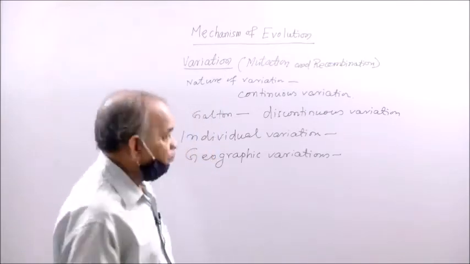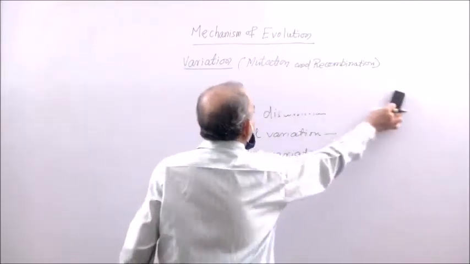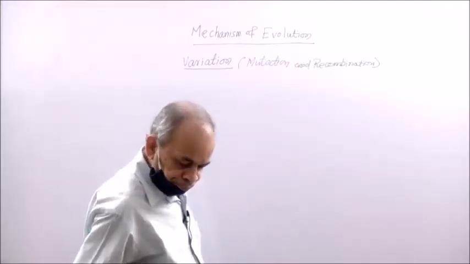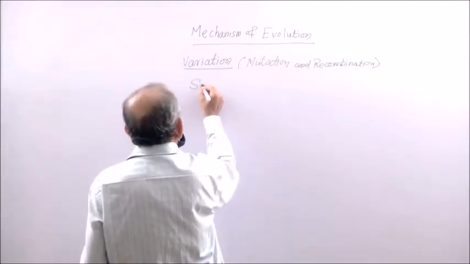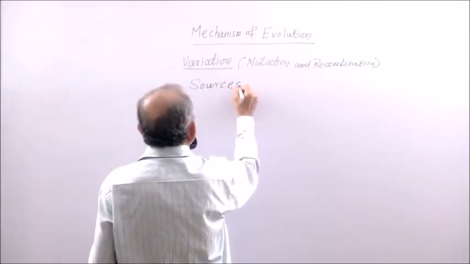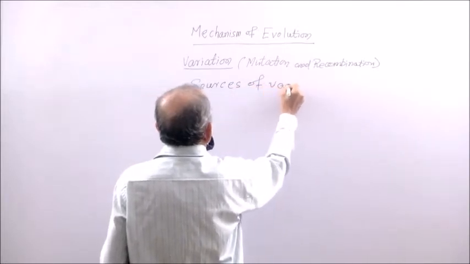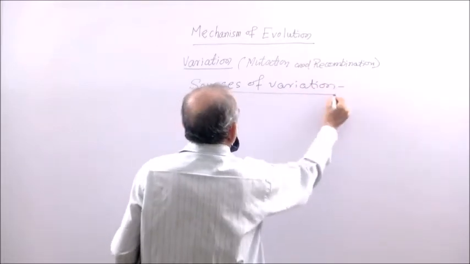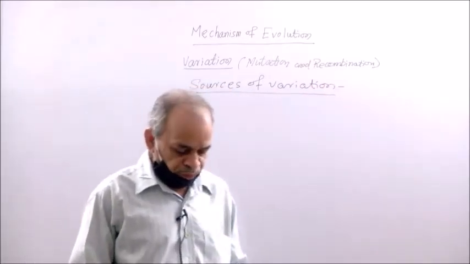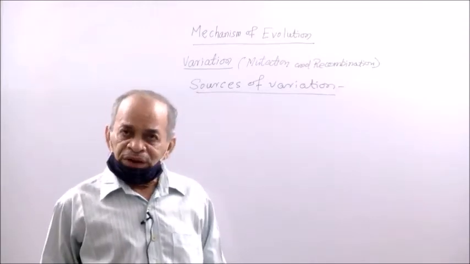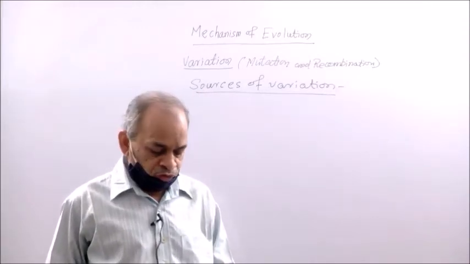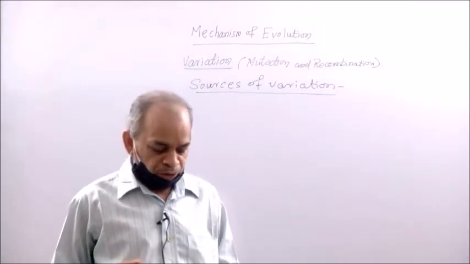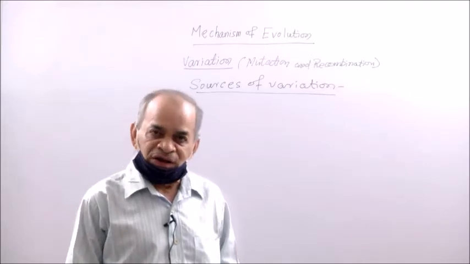Then sources of variation. Inheritable variations may arise through number 1, mutation, number 2, genetic recombination.